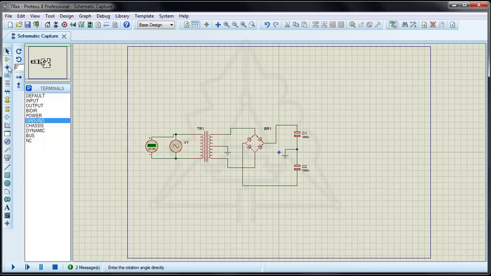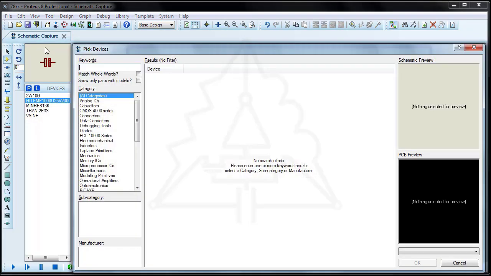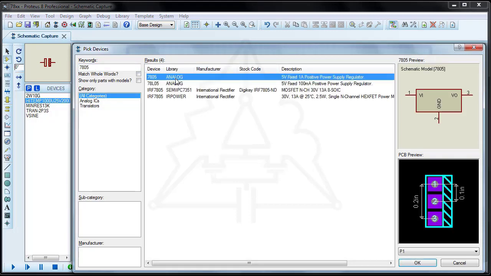To stabilize the voltage, we use regulators 7805 and 7905.